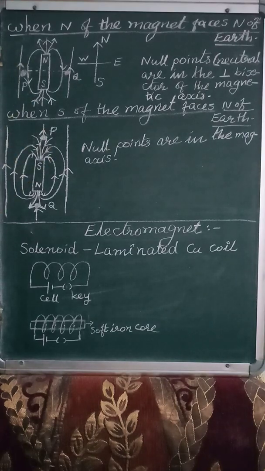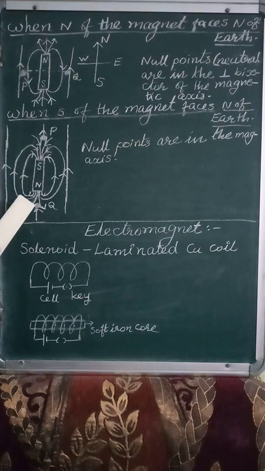It means at the P point, the directions of the earth field and the bar magnetic field become opposite, and they are equal in value. So the resultant magnetic field will be 0 at the point P.